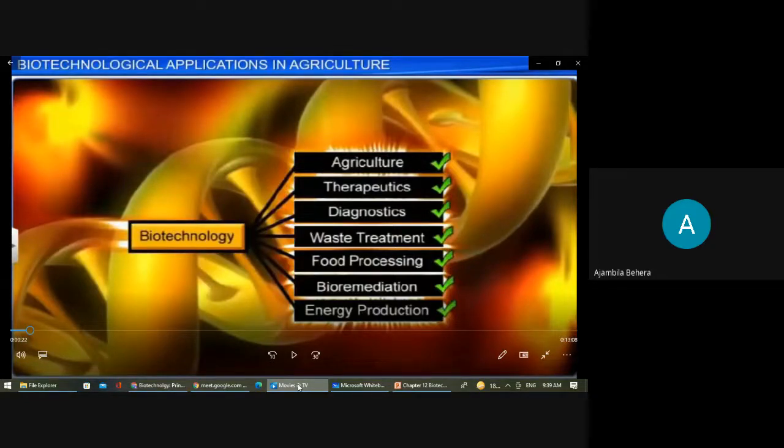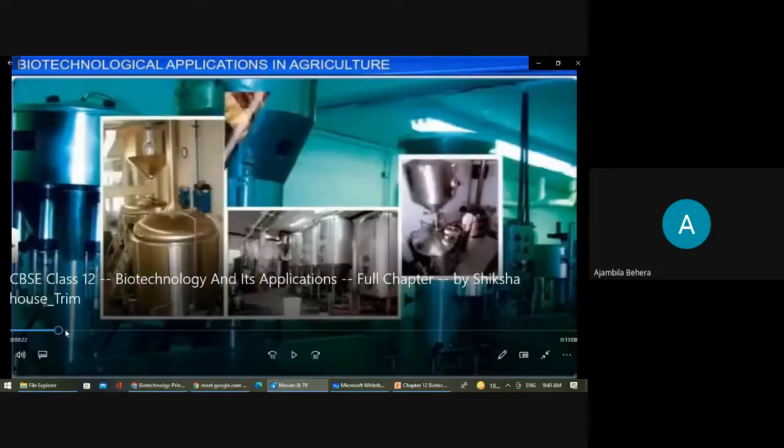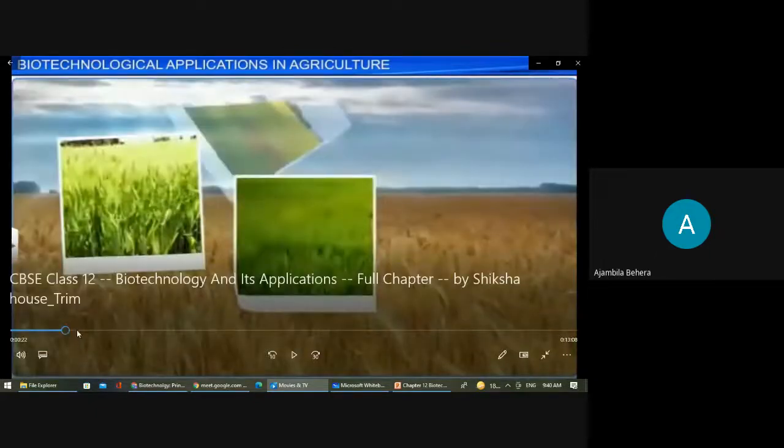So in various such fields, we generally use biotechnology. And one such important field here is agriculture.